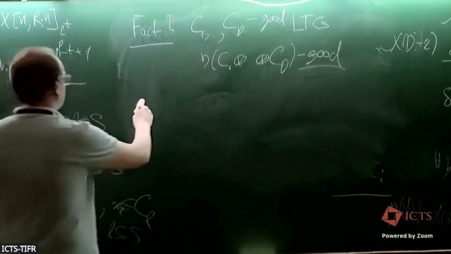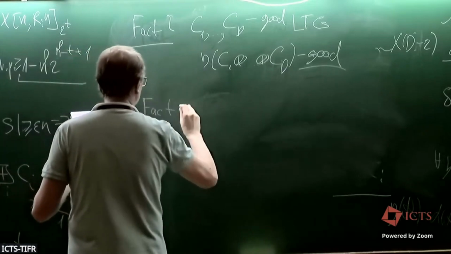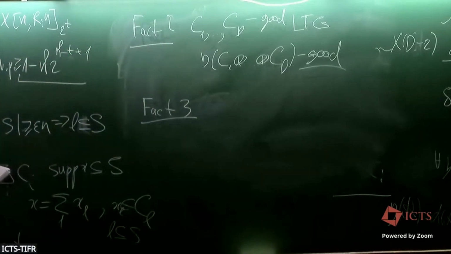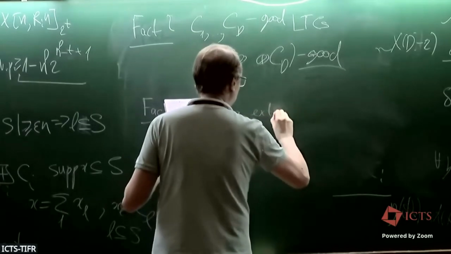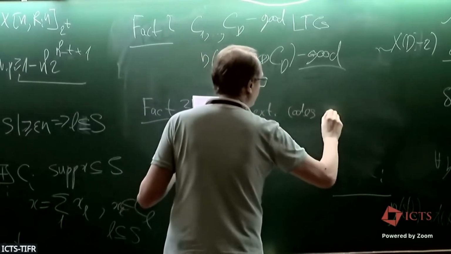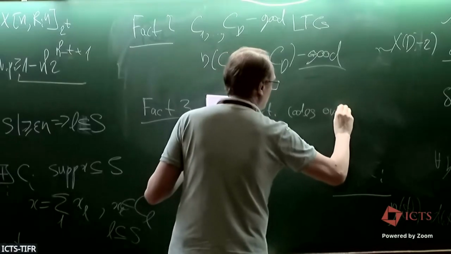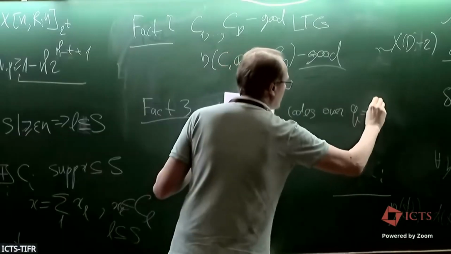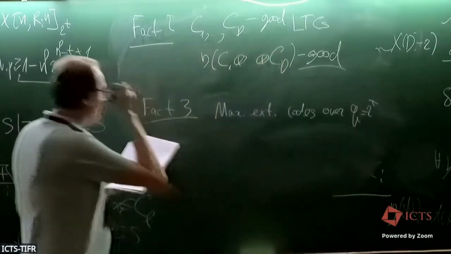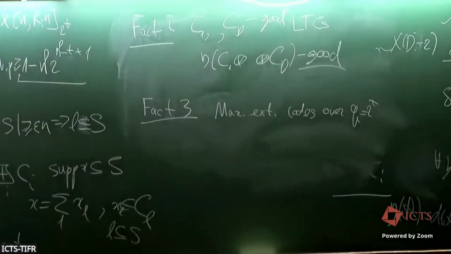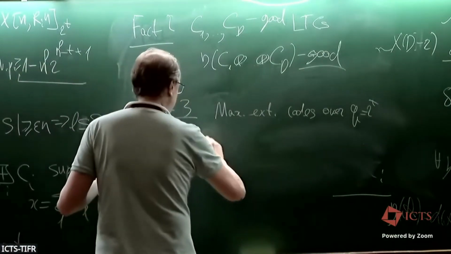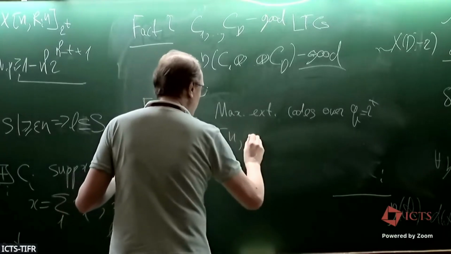And the last step: we show that there exist, in some kind of universal way, what we call maximally extendable codes over a sufficiently large alphabet, over Q sufficiently large. And what are these maximally extendable codes? It means that we consider all possible tensor product codes with some fixed parameters.